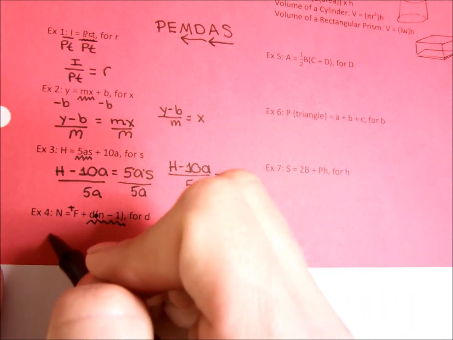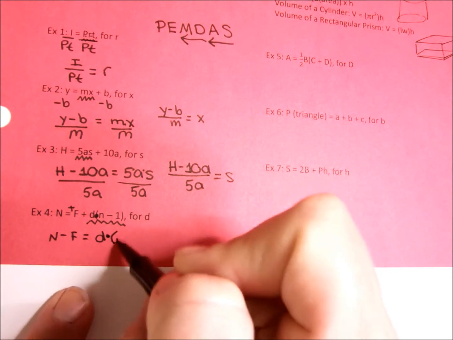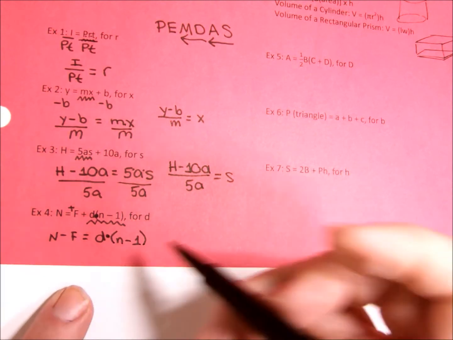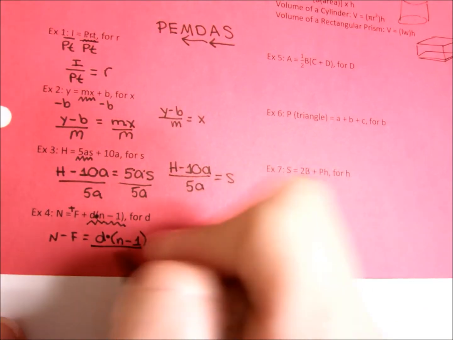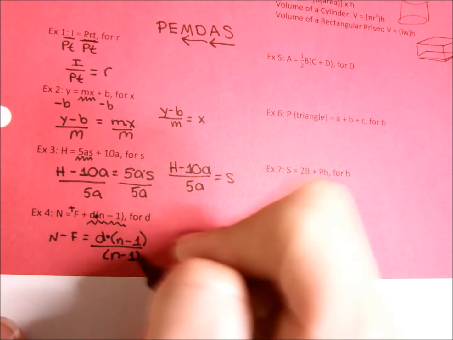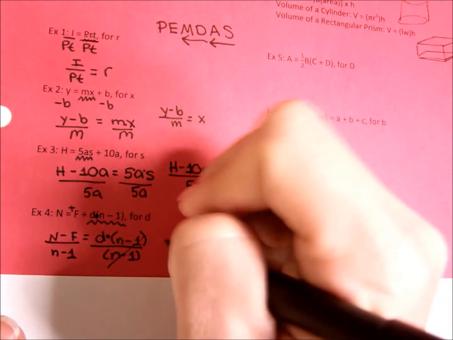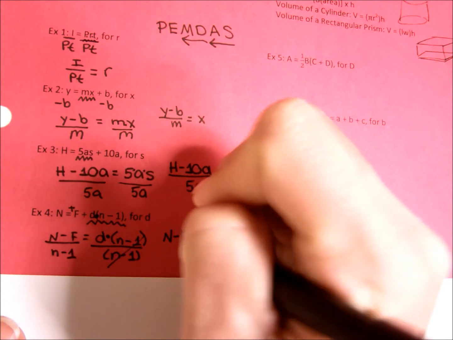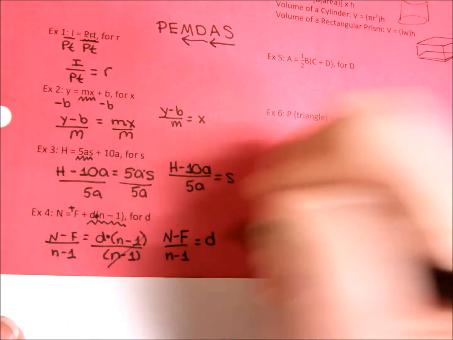Subtract the F. I'm going to put that times symbol in there. Now how do we get that D by itself if it's being multiplied by a whole big quantity? That's right, we're going to divide by the whole big quantity. There's our answer, capital N minus F over little m minus 1 equals D.